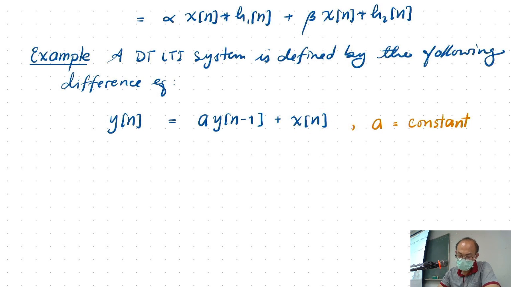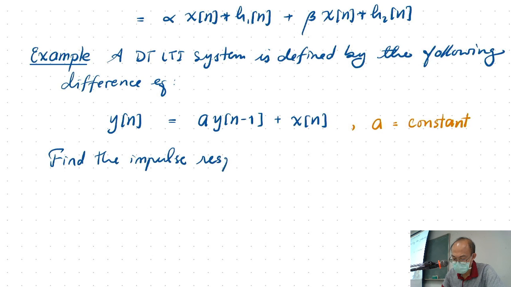Now, we'd like to find the impulse response h[n] of this system. It turns out that this is a very simple system, so finding the impulse response is pretty easy and straightforward.